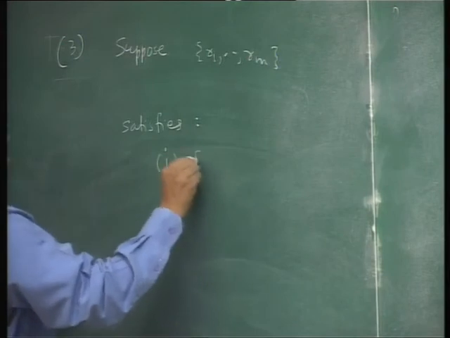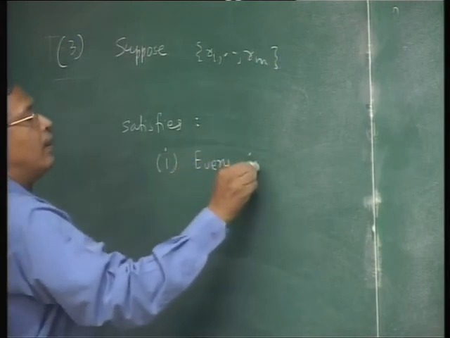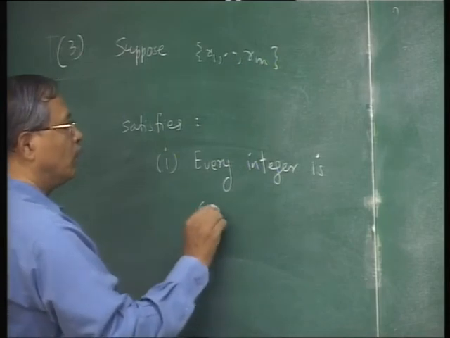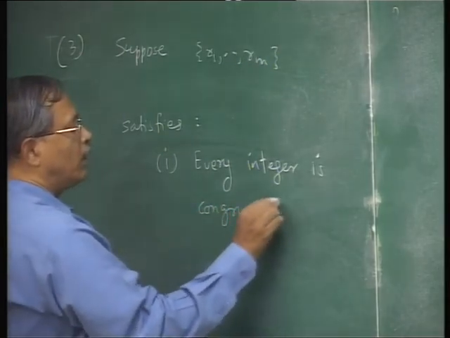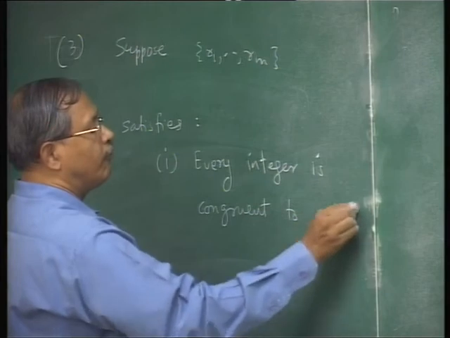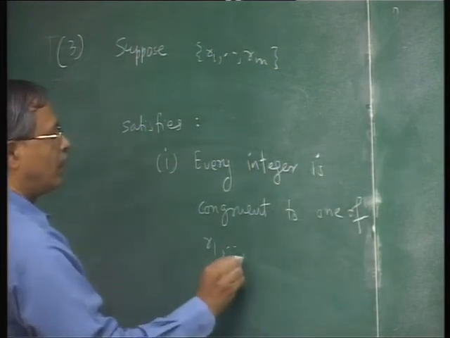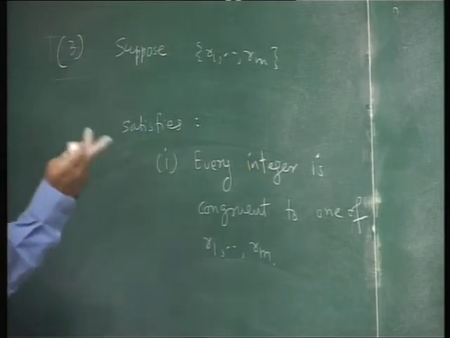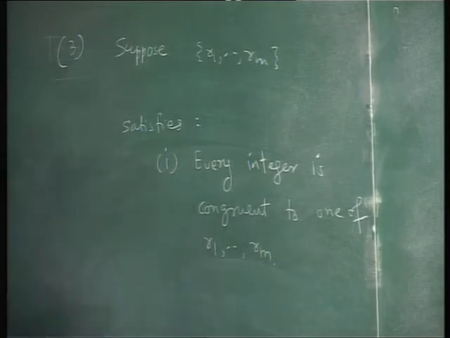First property is every integer is congruent to one of R1, R2, Rm. From this you want to show that they are pairwise incongruent. How do you show that? Because once you have that, that will be a CRS.